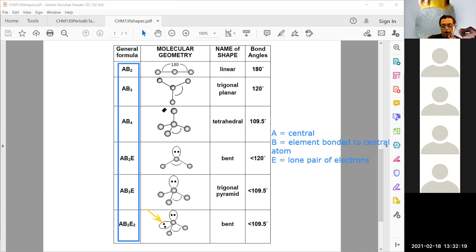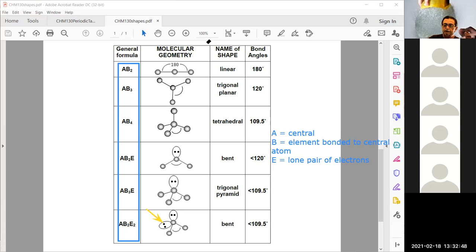Now, we also introduced AB2E. E, again, represents the lone pair electrons on the central atom only. In this case, we have 2 elements bonded to the central atom, and then a lone pair sitting up there. That lone pair is 2 electrons that are not bonded, they're just sitting there and take up a lot of space.